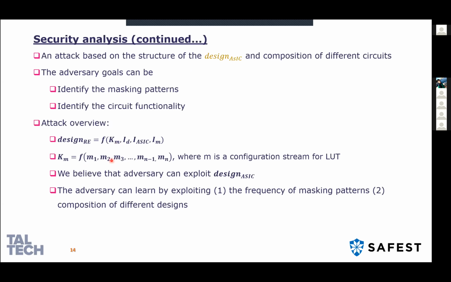KM is further a function of M1 to MN, where MN is the configuration stream or masking stream for a single LUT. We strongly believe that the adversary can exploit the structure of the design that is visible to the industry, like the design ASIC, and can learn different information by exploiting the frequency of the masking pattern and also the composition of different circuits.